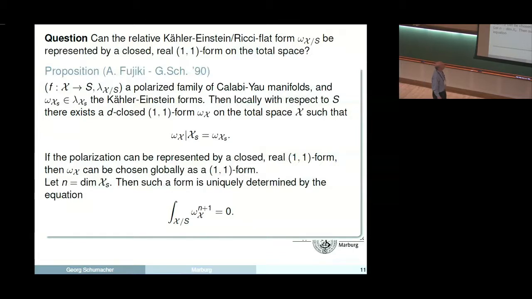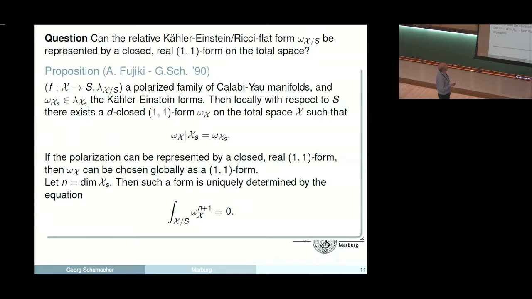So if the polarization can be represented by a closed real 1-1 form or Kähler form, then this form on the total space can be chosen globally as a 1-1 form.